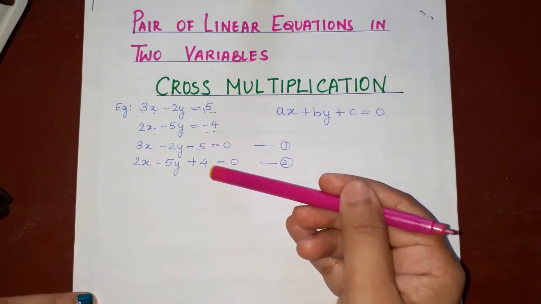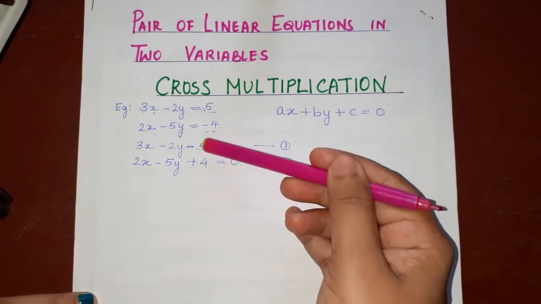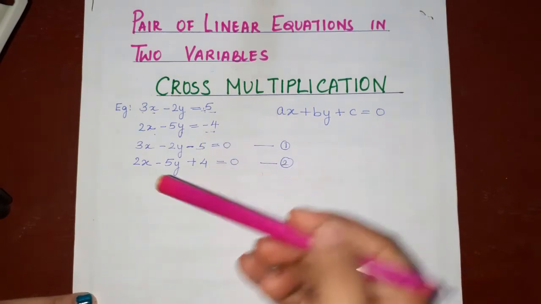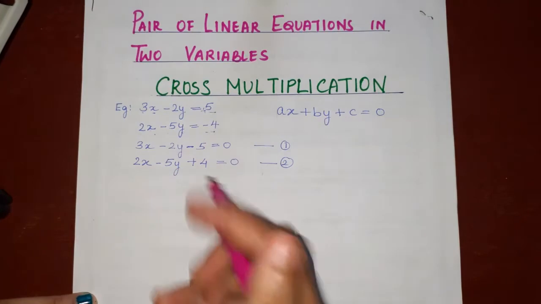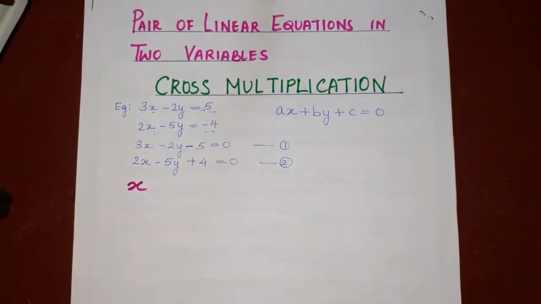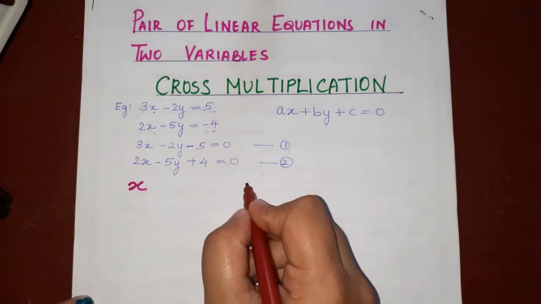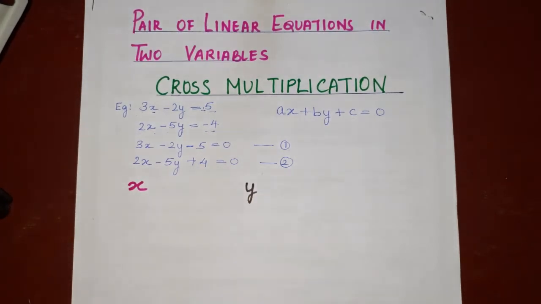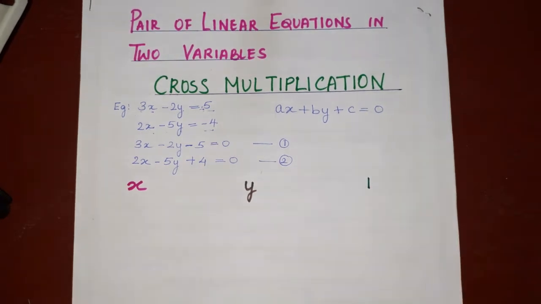Constants are the numbers without any variables. So minus 5 and 4 are constants, these two are terms. So I'm going to put the first variable x, followed by my second variable y, and the constant I'm just going to write as 1, like this.